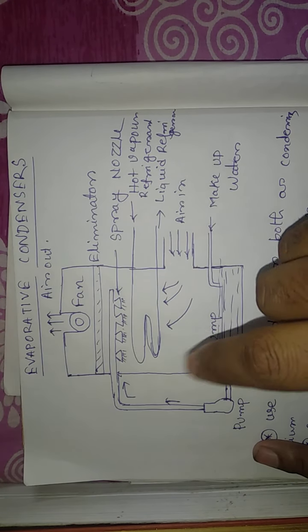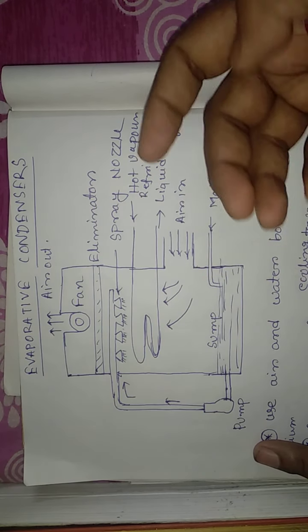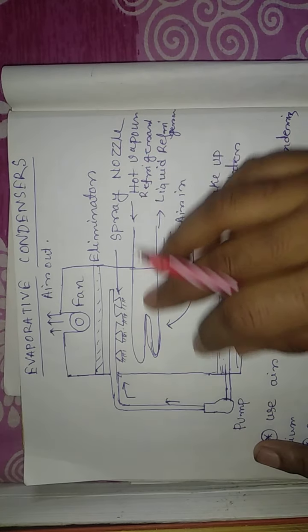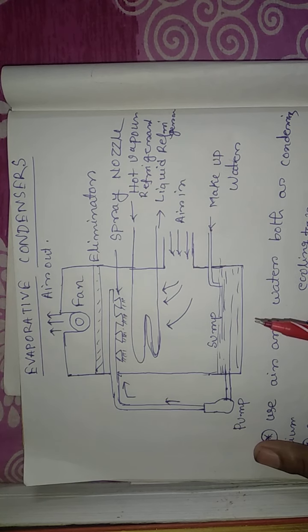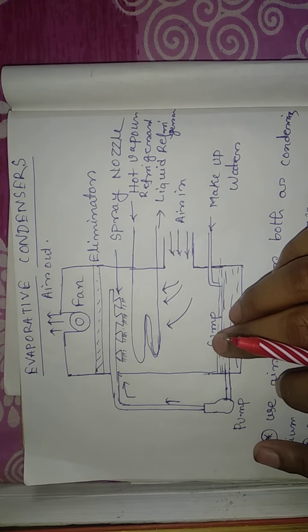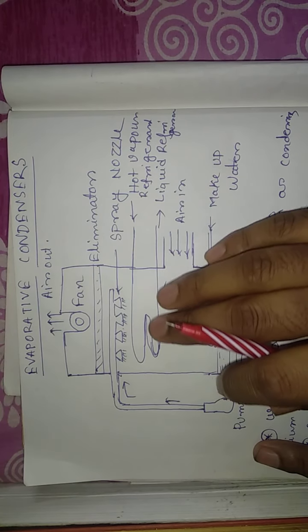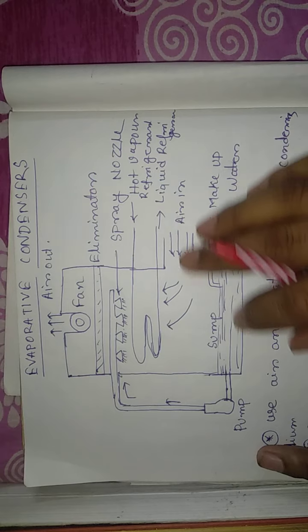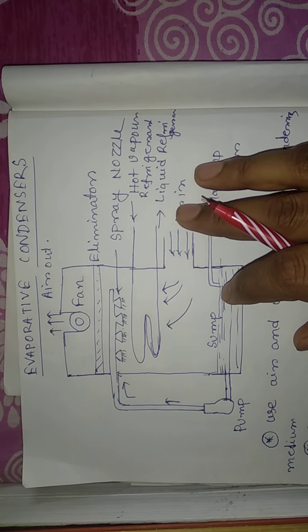Though most of the cooling takes place by evaporation, the air can also absorb some sensible heat from the water as it flows. Since the heat for vaporization of the water is taken from the refrigerant, the vapor refrigerant condenses into a liquid refrigerant. So this is the main working principle of the evaporative condenser.